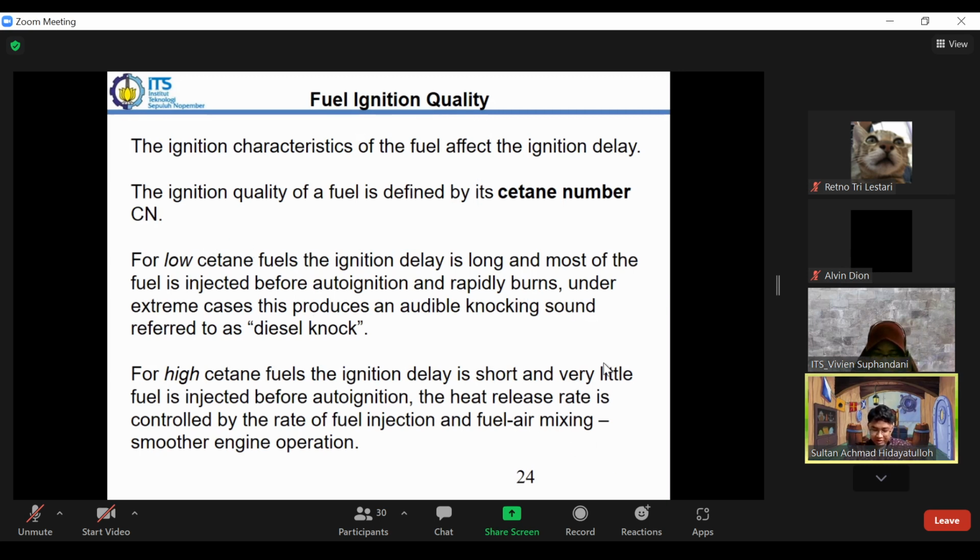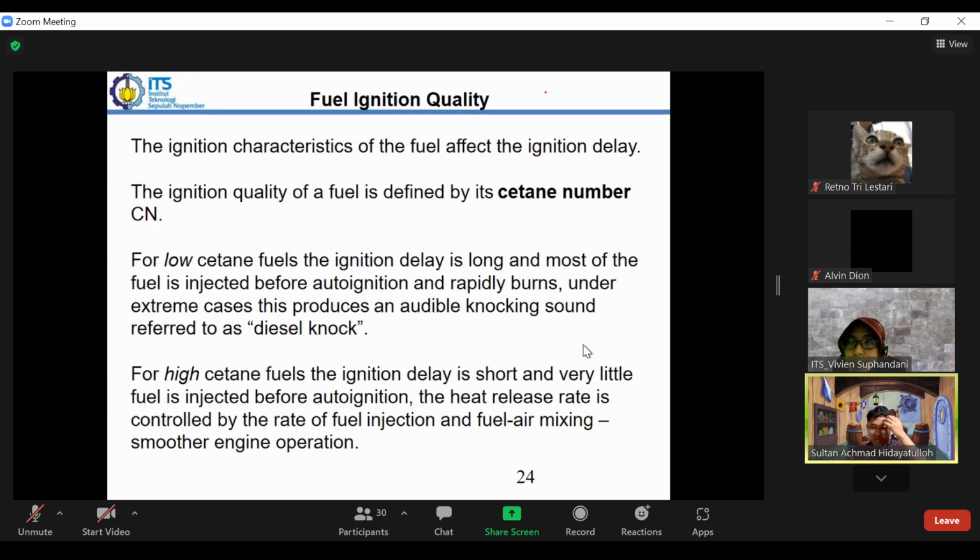I will try to answer about the cetane number. The cetane number is the percentage, the ratio, between n-hexadecane and a mixture of n-hexadecane and 1-methylnaphthalene.